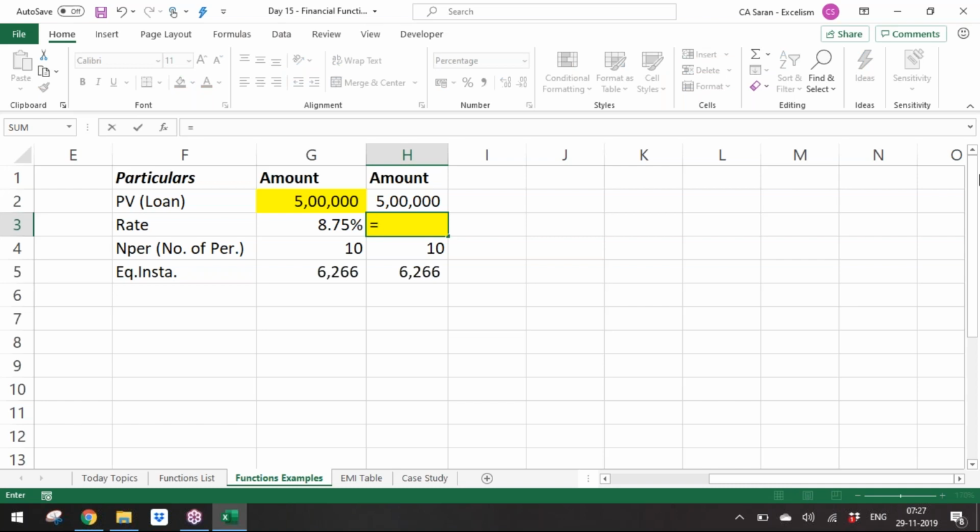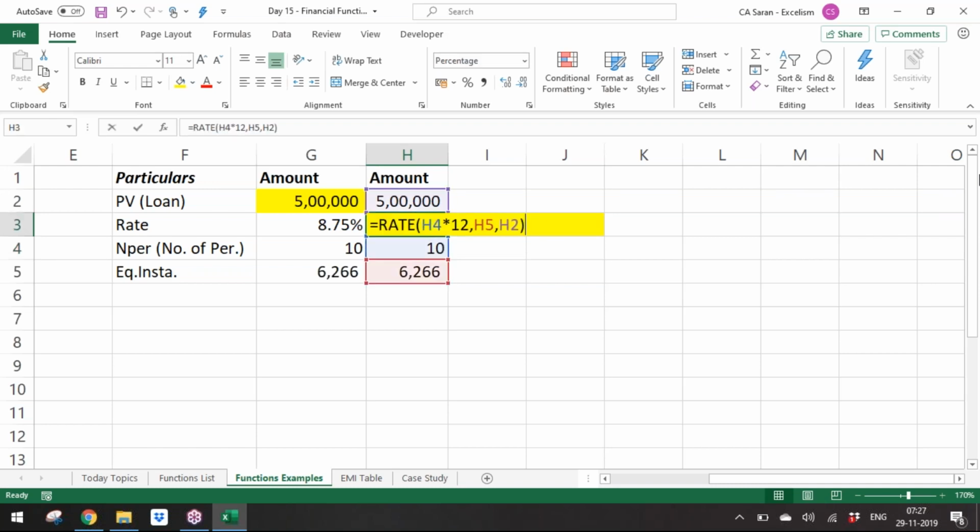Equal to RATE, number of periods into 12, comma, PMT, this, comma, present value is this, close bracket. I'm sure now you'll get an error. Can anyone guess why? How can my present value and payment both be positive?